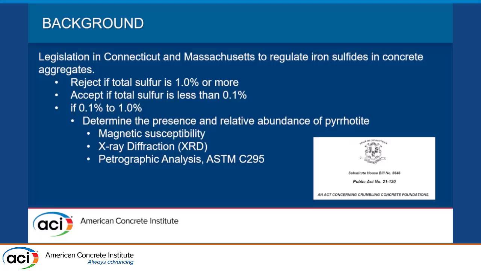If you have sulfur above 1%, then your aggregate's rejected outright. If it is less than 0.1%, it's accepted. But if you're in that range of 0.1 to 1%, you need to take a look at the iron sulfide content in your aggregates to see where that sulfur is coming from.